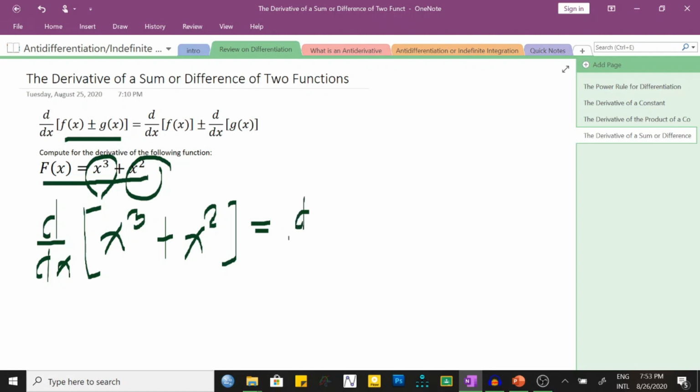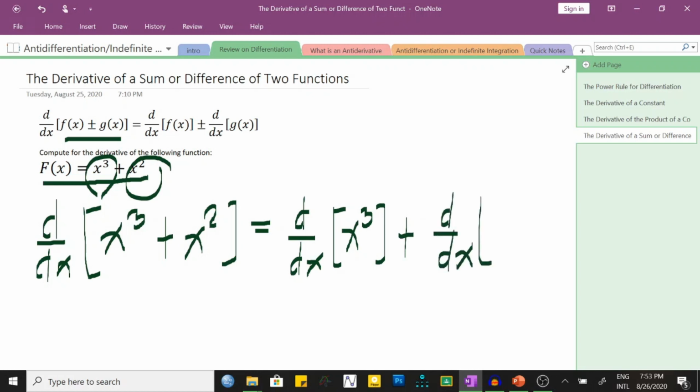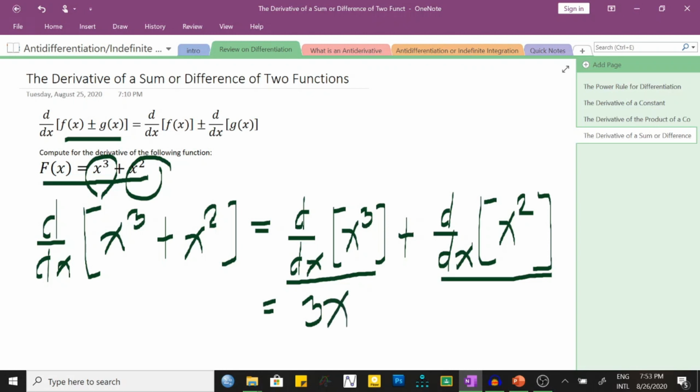So that is the derivative of the first function, that's x cubed, plus, that's the operation between them, the derivative of the second function, which is x squared. For the two derivatives here, we are done with this. We know that the derivative of x cubed from the previous examples is 3x squared.